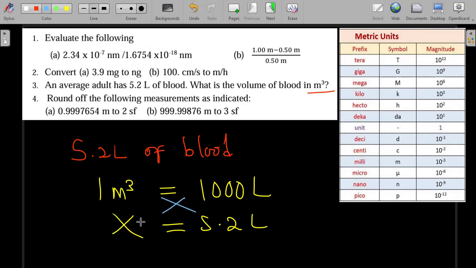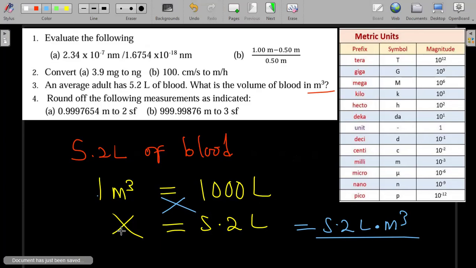So you cross multiply. When I cross multiply here, what am I going to get? I'm going to get 1 multiplied by 5.2, so I just get 5.2 liters multiplied by cubic meter, divided by, here I have x, multiplied by this, which is 1,000 liters. So this is going to be equal to 1,000 liters x.